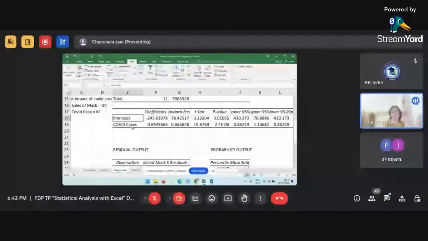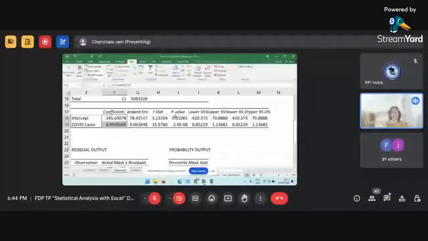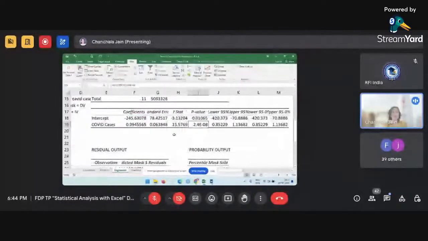Now the last table, which is the important table to formulate your model, has the coefficient values. Both the A and B values you can find from the coefficient column. So A, that is the intercept, is -245.63, and your COVID cases coefficient, that is B, is 0.99.